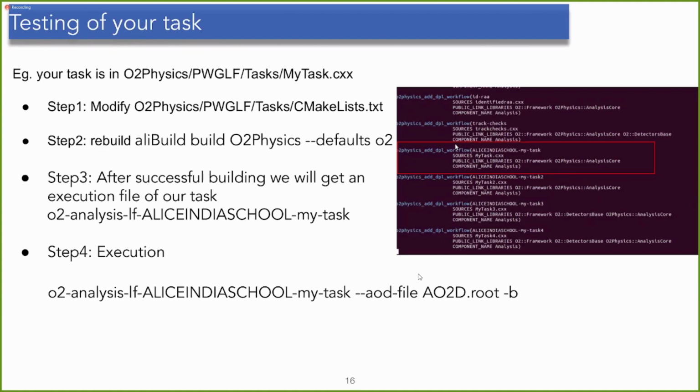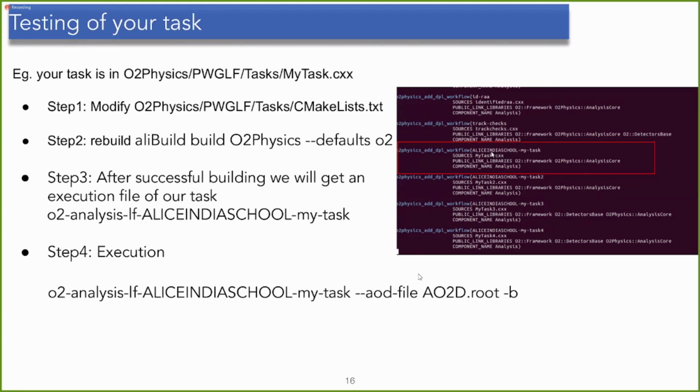This file is basically used when it's building, when it does the rebuilding. So here you can see there are several blocks, and you need to add a similar kind of block for your analysis as well. For example, here I have added a block for my task, where I put the name of the task. This is alice-india-school-my-task.